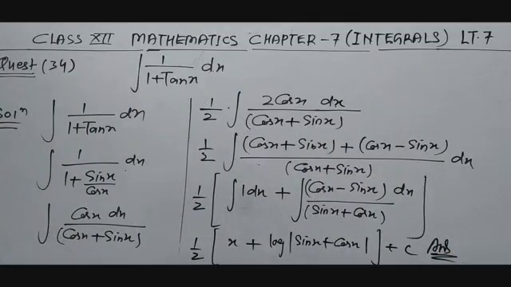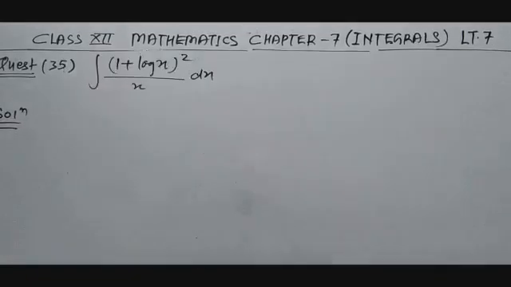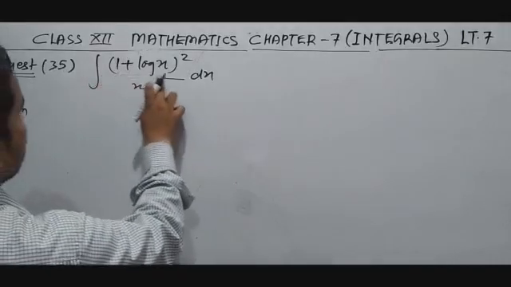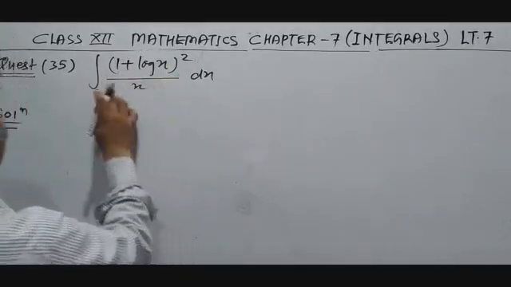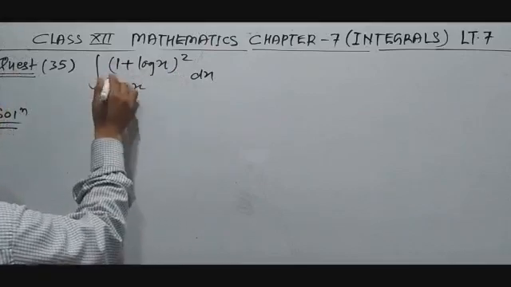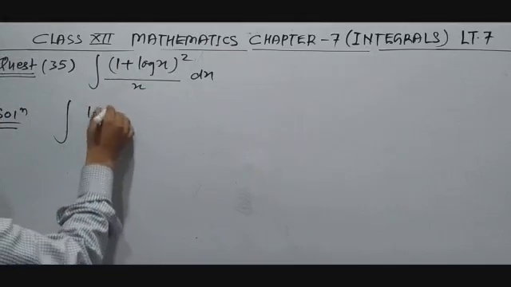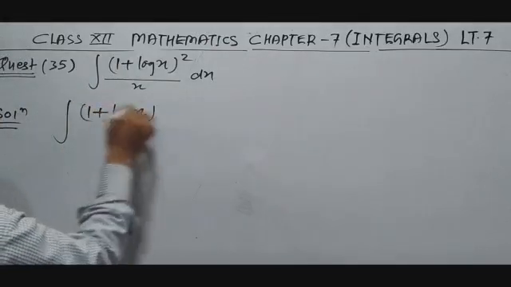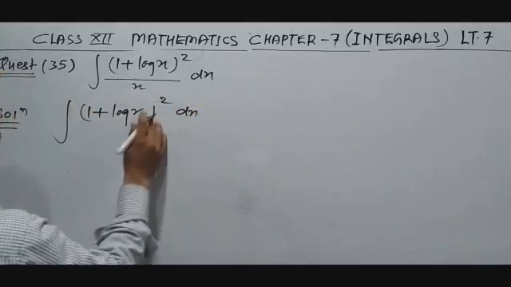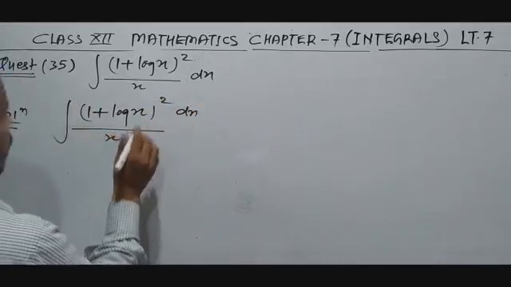Now come to the next question. Question number 35 is integration of (1 plus log x) whole square whole upon x. So write the integral part, (1 plus log x) whole square dx whole upon x.